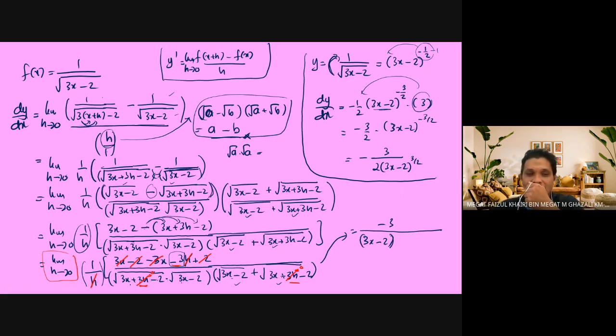Okay, we still have this. Square root of 3x minus 2 plus square root of 3x minus 2. Okay, I have no space here, so I need to clear this first.